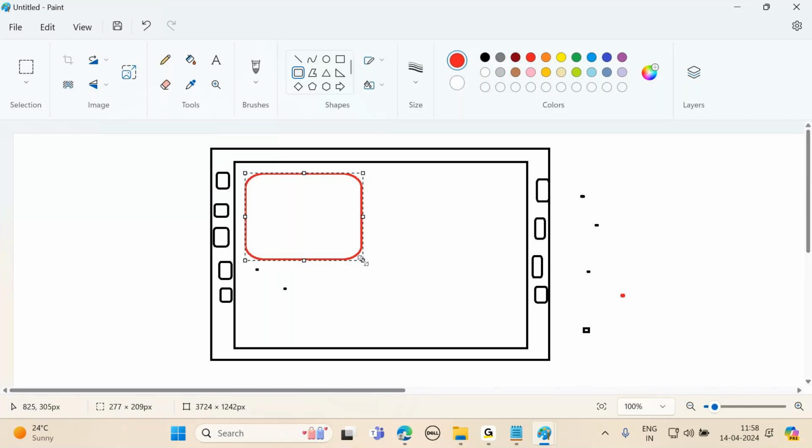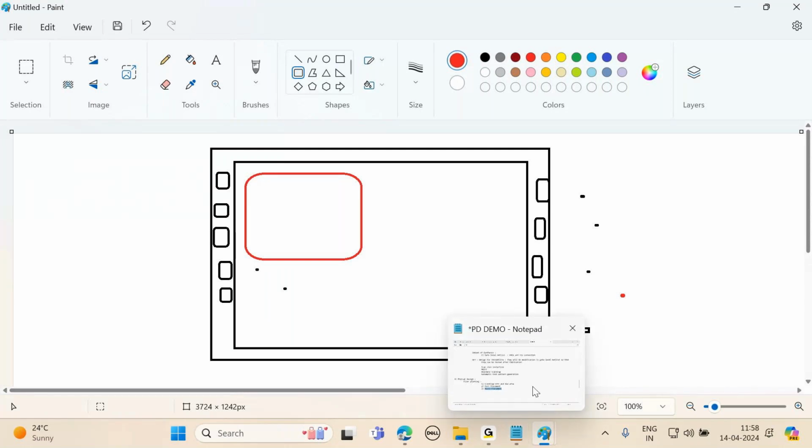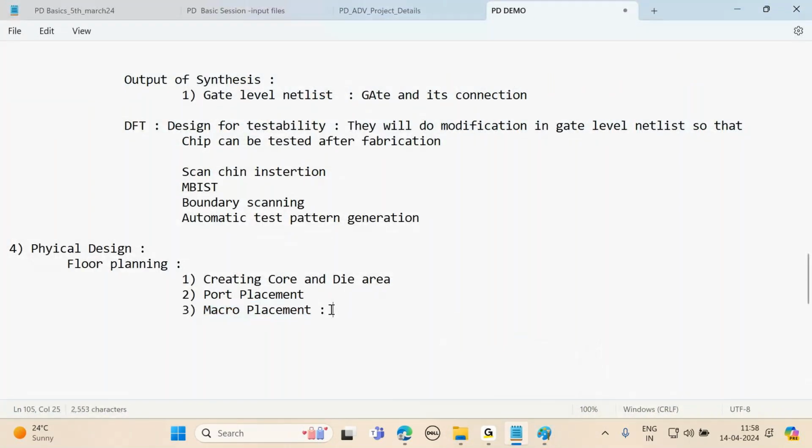So these are called what? Macros. So what are macros? Macros are complex cells which are already optimized. Why are you going to purchase puliogre powder from the shop?